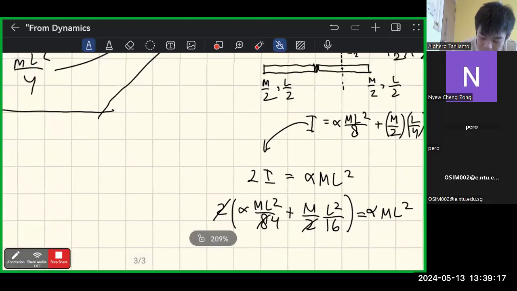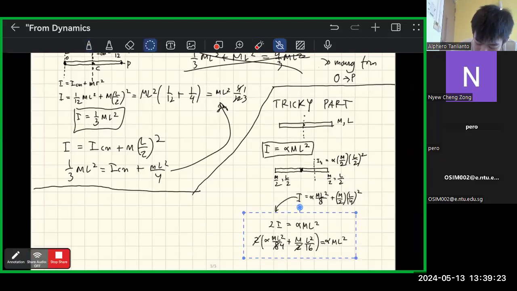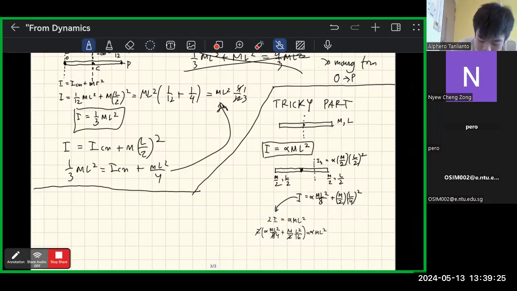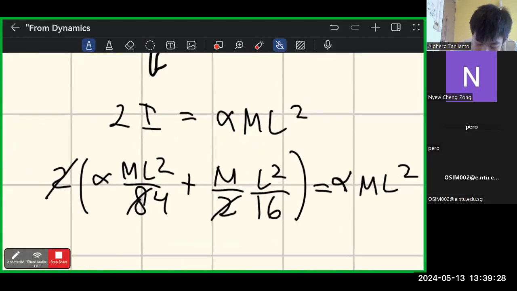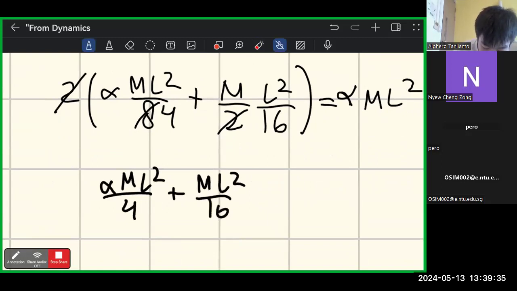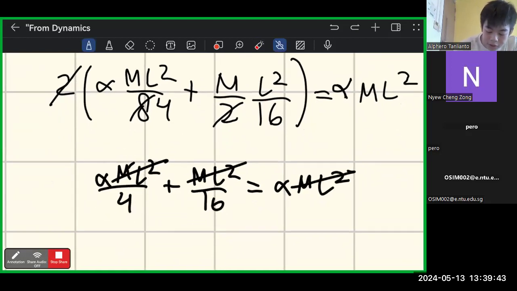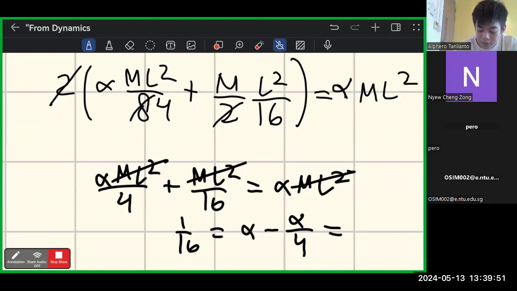Let me resize this a little bit and then continue. It's going to be alpha m L squared over 4 added to m L squared over 16 equals alpha m L squared. Because we all have the same m L squared, we can just cancel it out. And alpha over 4, if we move to the other side, is going to be negative. So 1 over 16 equals alpha minus alpha over 4, which is 3 alpha over 4.